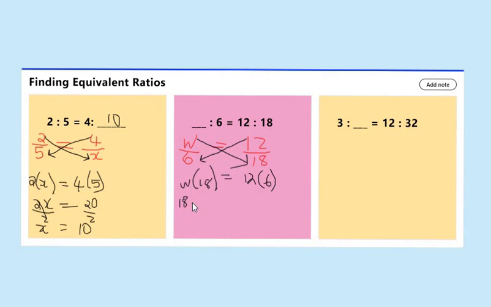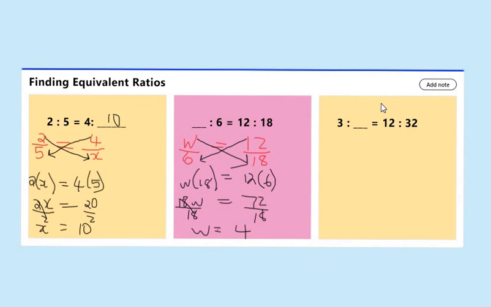We write the numeral before we write the variable. 12 times 6 is 72. We're going to now divide both sides by 18 to get the answer for the missing part. So 72 divided by 18 gives us what? Awesome. So the missing value in the ratio is 4.